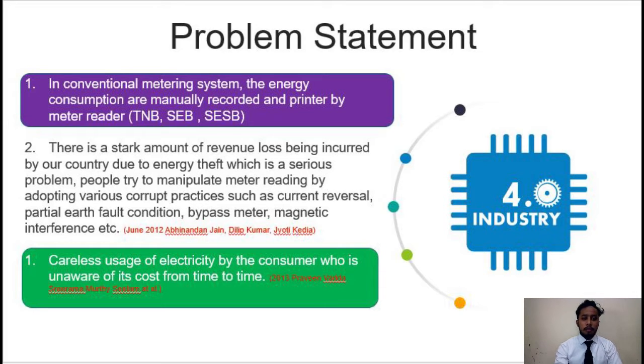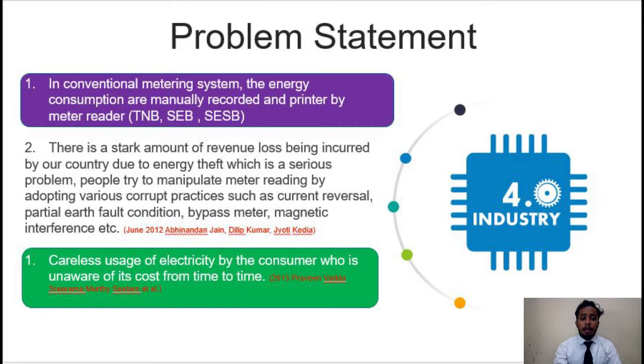Second, there is a large amount of revenue loss increasing in our country due to energy theft, which is a serious problem. People try to manipulate meter reading by adopting various practices such as current reversal, fault condition, bypassing the meter, and magnetic interference.